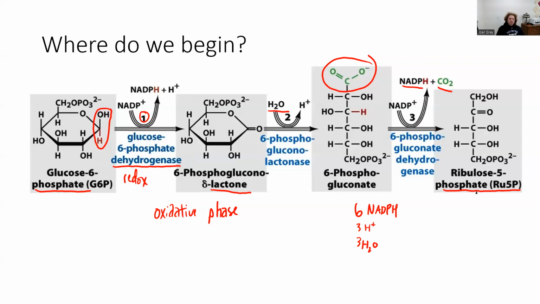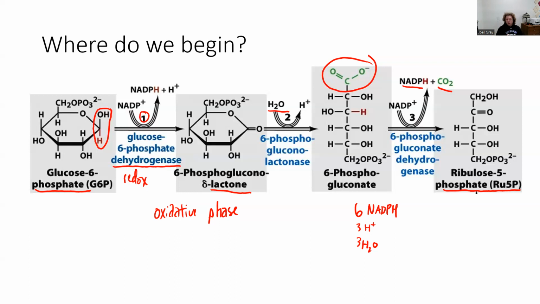All right. Well, I hope this was helpful as you look at the oxidative phase and you look at this entire pathway as a whole. Remember that you have 3 identical glucose 6-phosphate molecules going through this. I like to think about this as kind of a total amount. You started with 18 carbons in the oxidative phase, you end with 15 carbons.